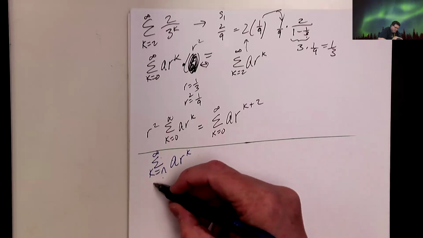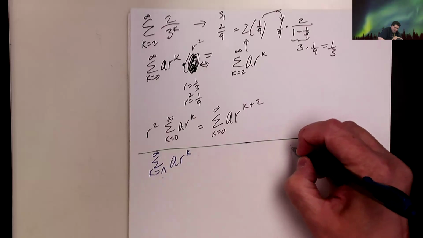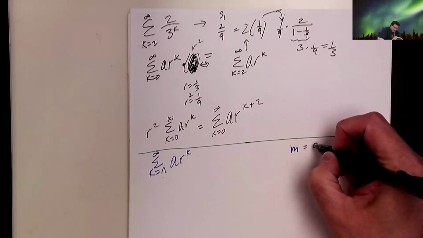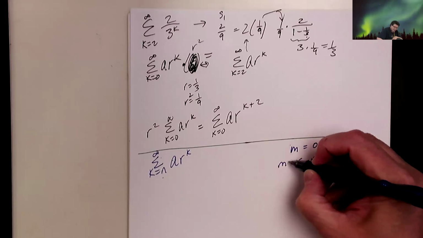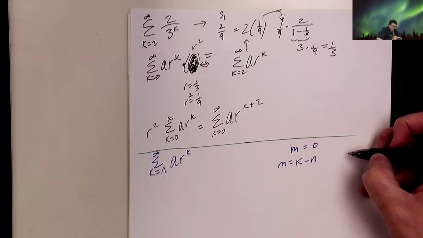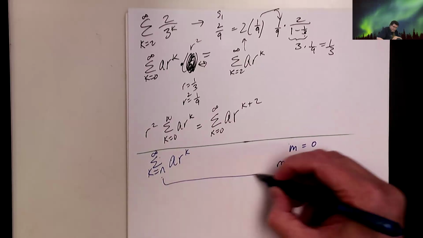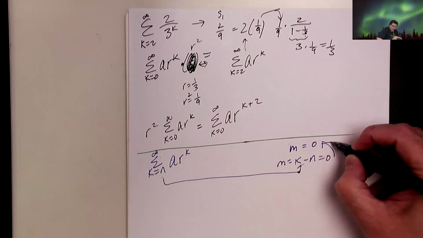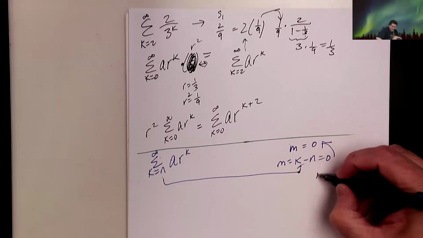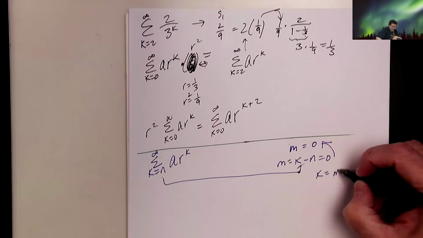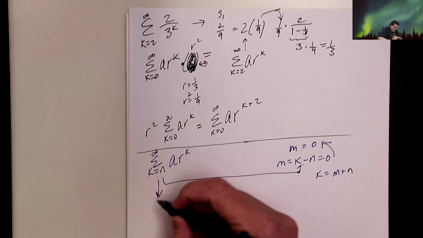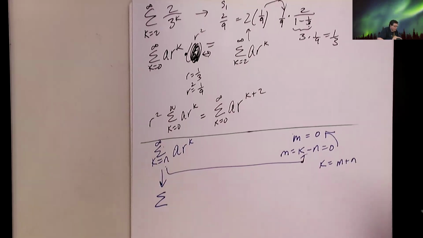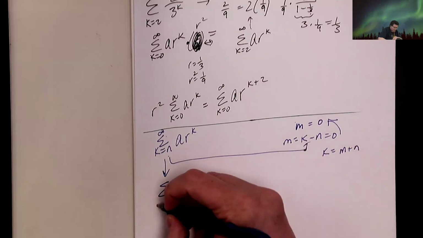If I wanted to restart with an m equals 0, I need k to be k minus n. Does that make sense? Because then if I plug in k equals n, I get 0, and that gets me to start there. Which means k equals m plus n.